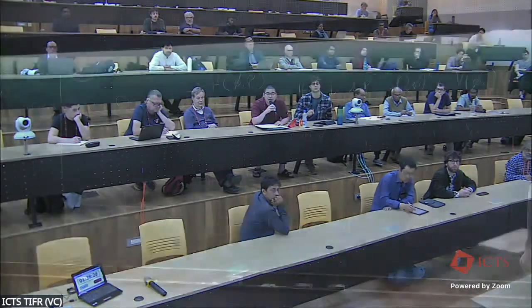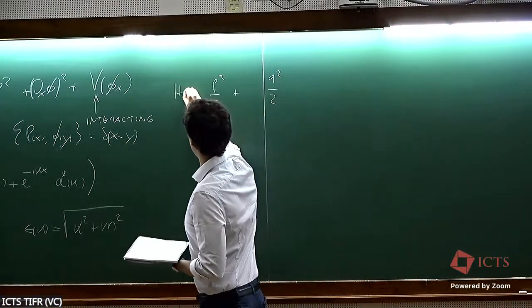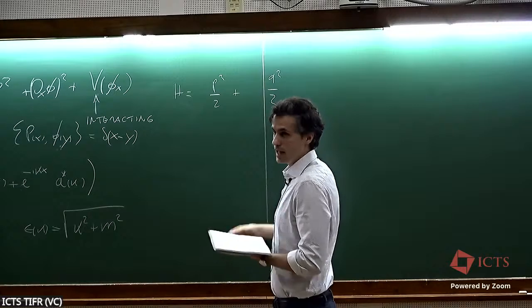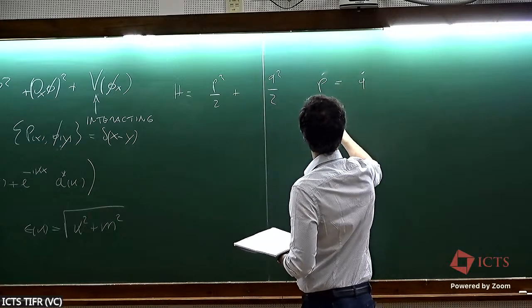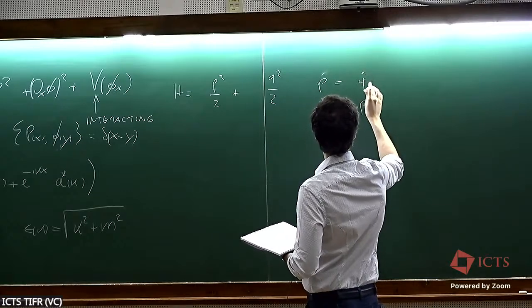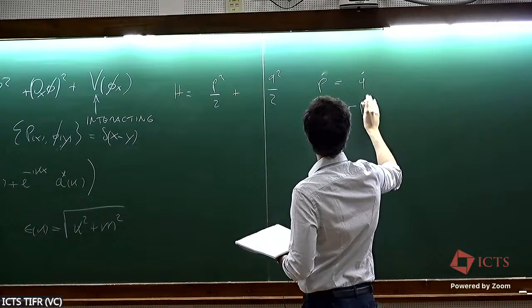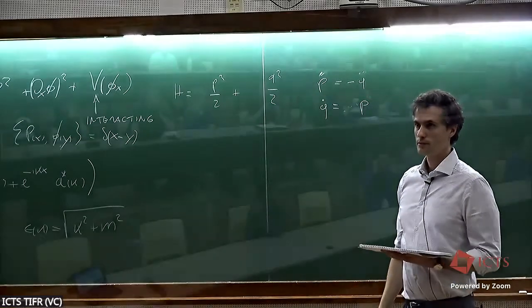Of course, if I write down the PDE, P is dt of phi. But in principle, they are two different variables. It's as when you solve the harmonic oscillator, you have P square plus Q square, and this would be just a classical harmonic oscillator. And of course, in this case, you get that Q dot is P, and P dot is minus Q. Okay, I'm probably fine. Okay, thank you.